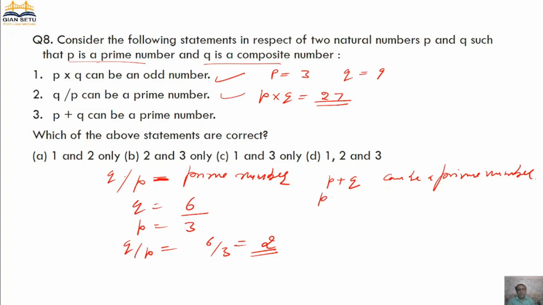Suppose P is equal to 2 and Q is equal to 9, right? Q is a composite number, P is a prime number. Now P plus Q is equal to 11, which is a prime number. So statement 3 is also correct. So the right answer is D, 1, 2 and 3.